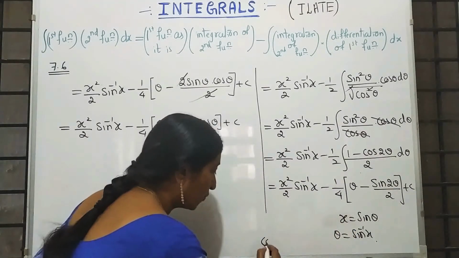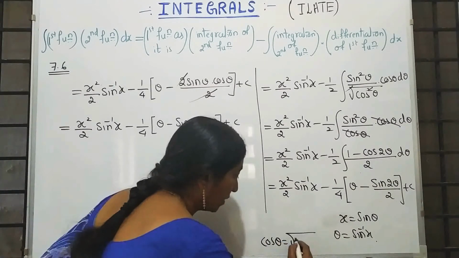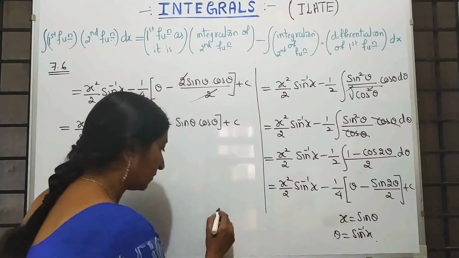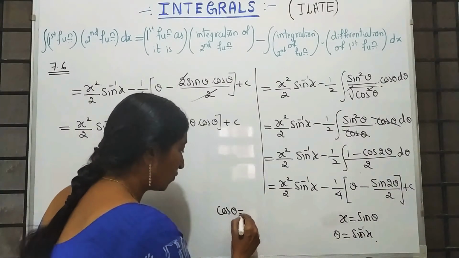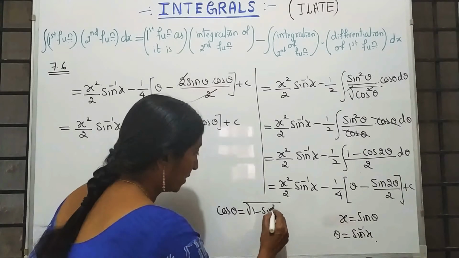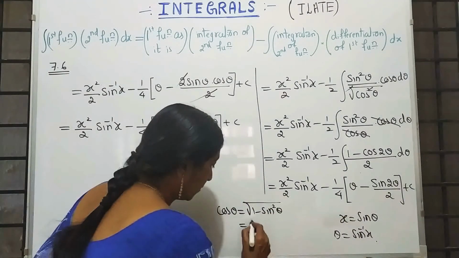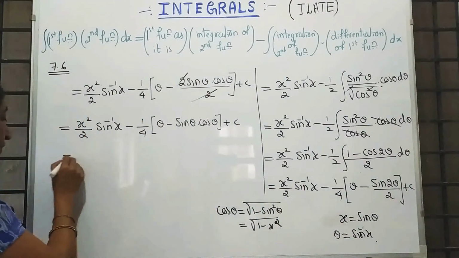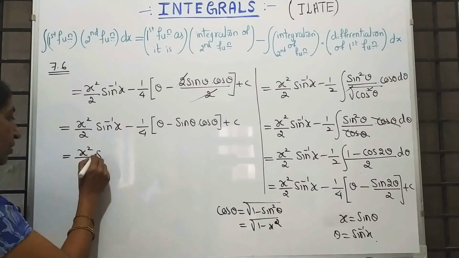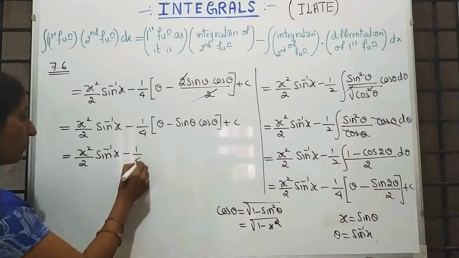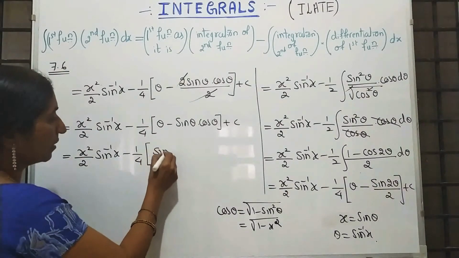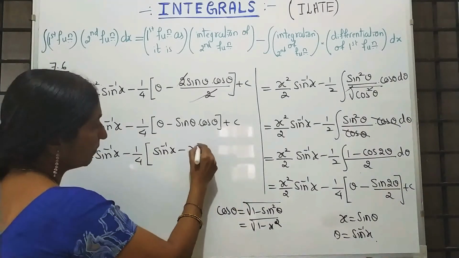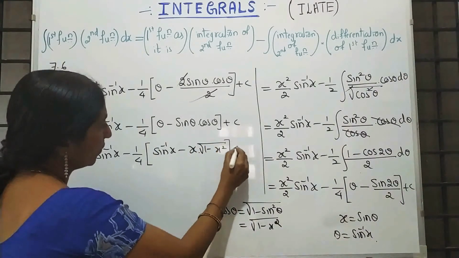With the help of this, how do you write cos theta? Cos theta is root of 1 minus sine square theta, but sine theta is x. So root of 1 minus x square. Write down those values in terms of x. This is x square by 2 sine inverse x minus 1 by 4, theta is sine inverse x, minus sine theta is x, cos theta is root of 1 minus x square, plus c.